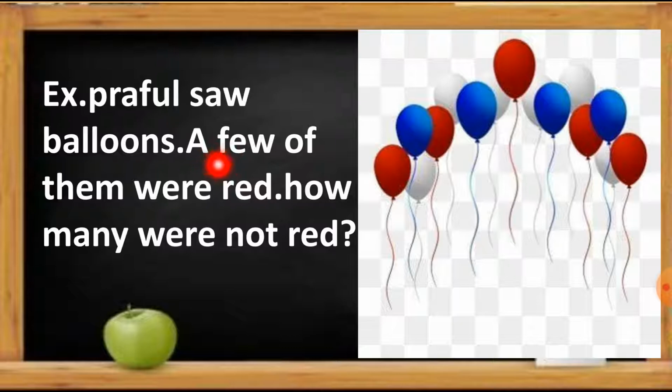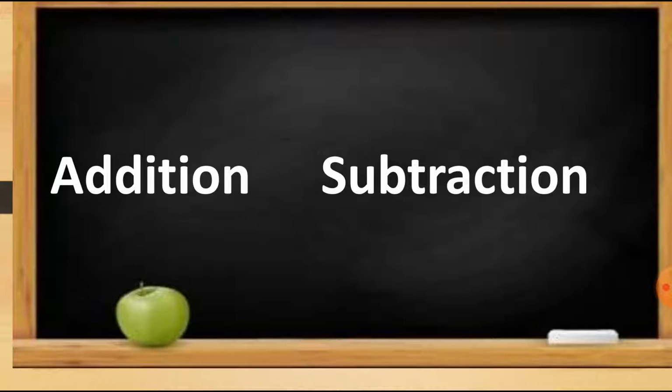As written here, a few of them were red. So you can see a few balloons are red. Our question is how many were not red. So from the total balloons we take away the red balloons, and we get the answer. Which operation do we have to perform here? We have 2 operations, addition or subtraction.